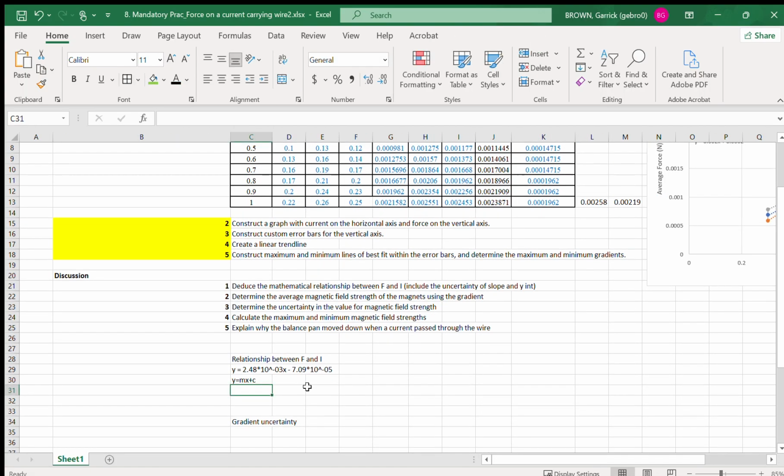So I'm going to rewrite this as F for force is equal to the gradient value multiplied by current minus our y-intercept. Okay, that is meant to represent current there, that I. It's sort of hard to tell.